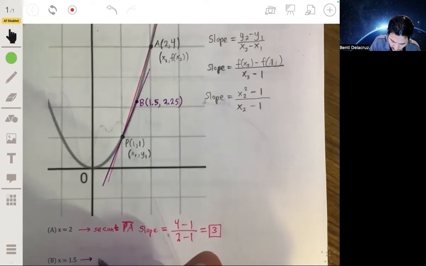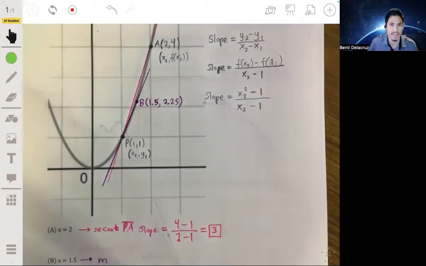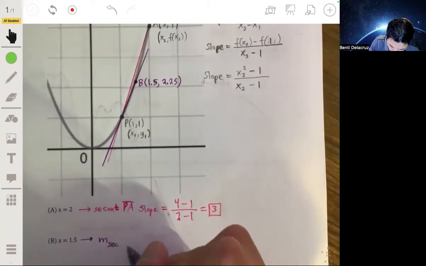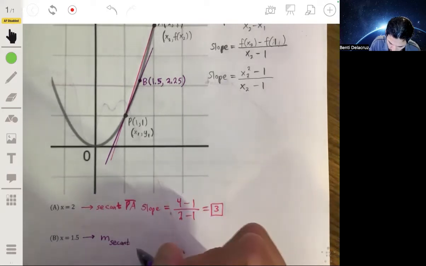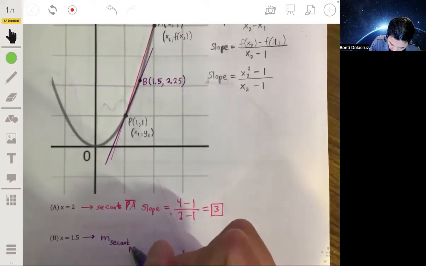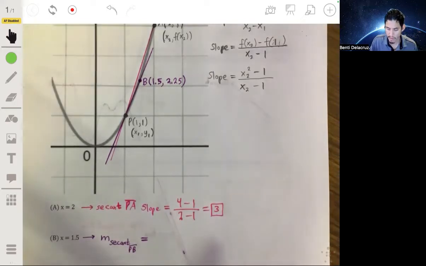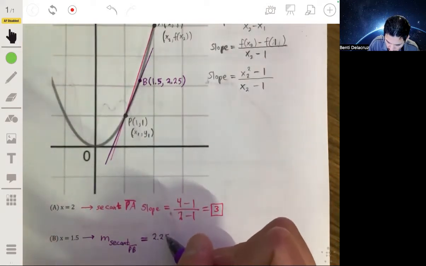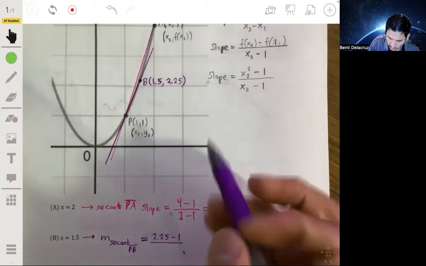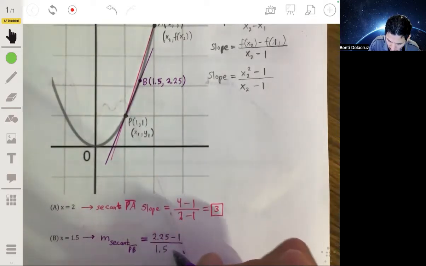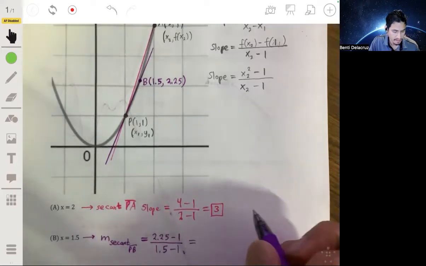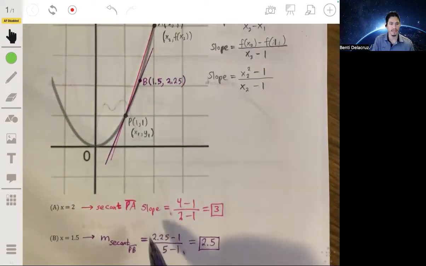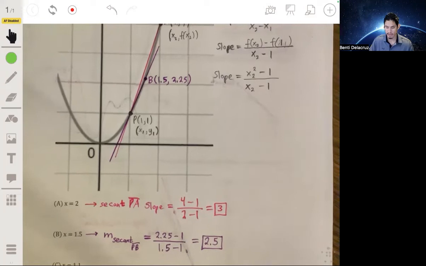And so for this, we can write the slope of the secant line, and we'll call it PB, will be 2.25 minus 1 over 1.5 minus 1. We'll get that it'll be 2.5. This notation's not important, just whatever works best for you. Let's keep on going now.